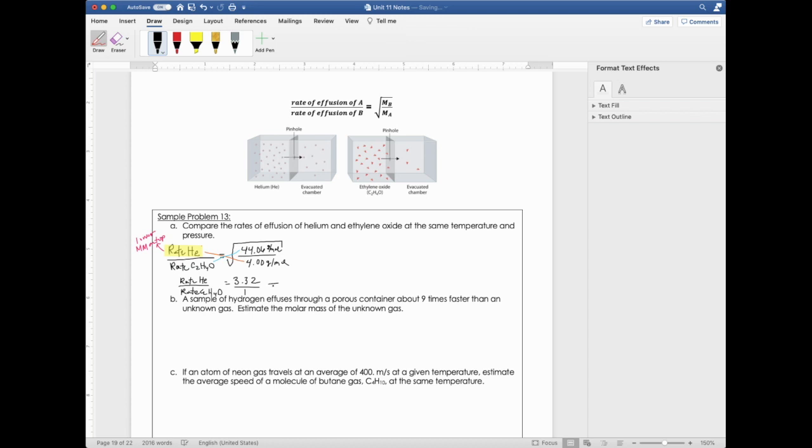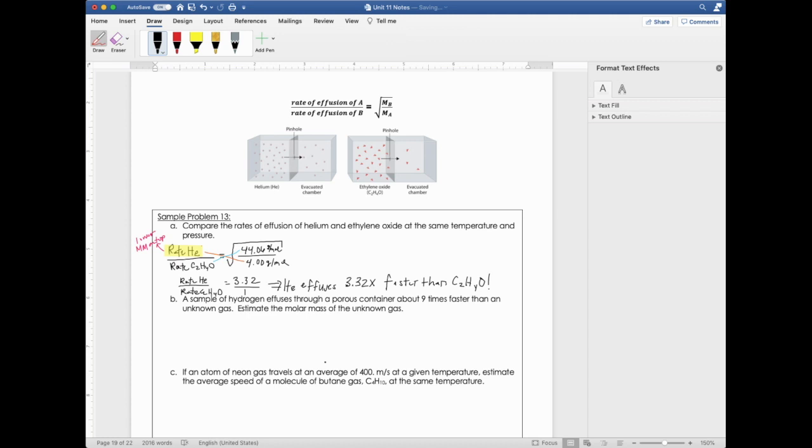So helium effuses 3.32 times faster than the ethylene oxide. That's what this is saying right here.